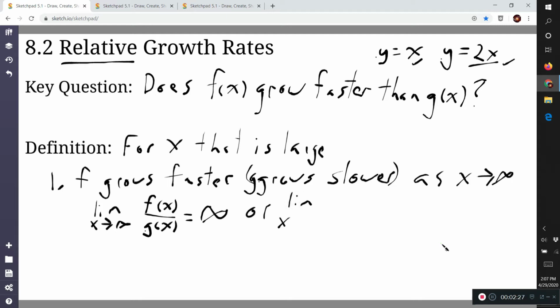We could also say the limit as x goes to infinity of g of x over f of x is equal to 0.